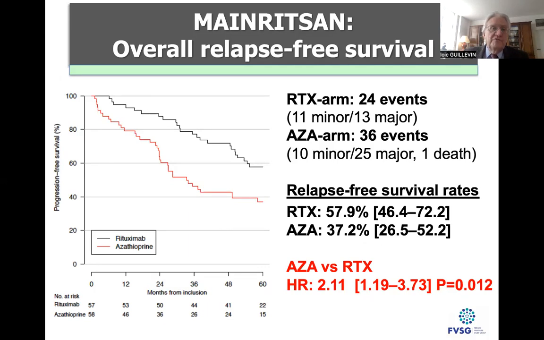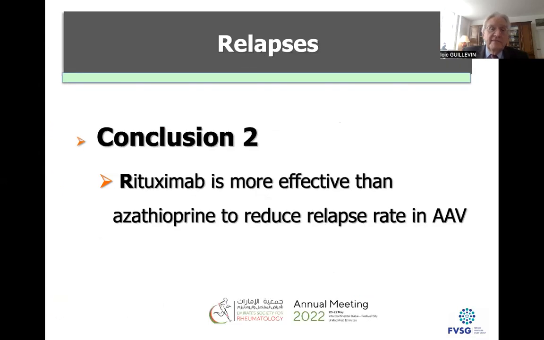In the rituximab group, of course, there are fewer relapses, but we cannot say that there is no relapse. The patients treated with rituximab, when you stop rituximab, some of them do relapse. The superiority over azathioprine is clear.